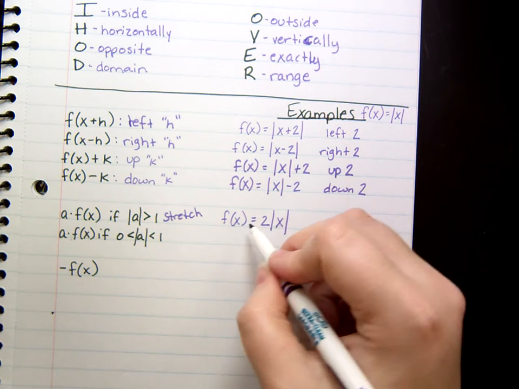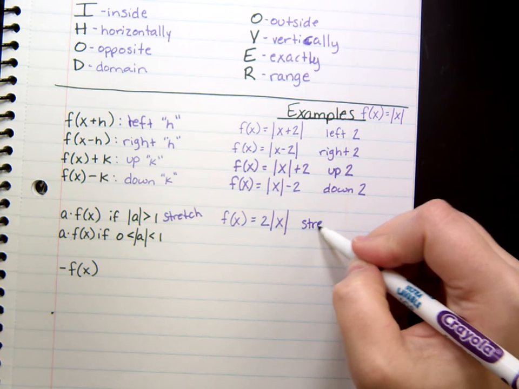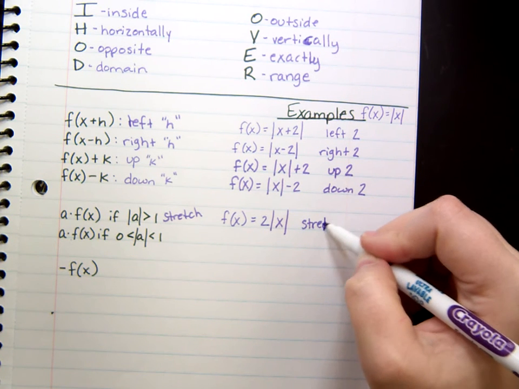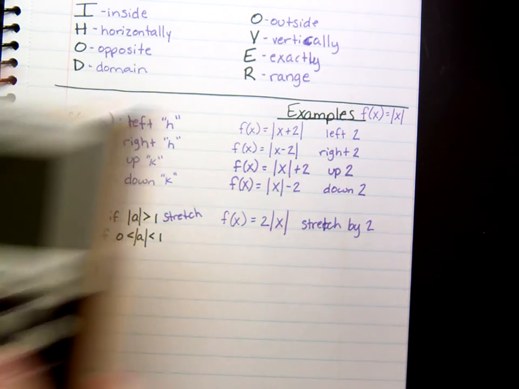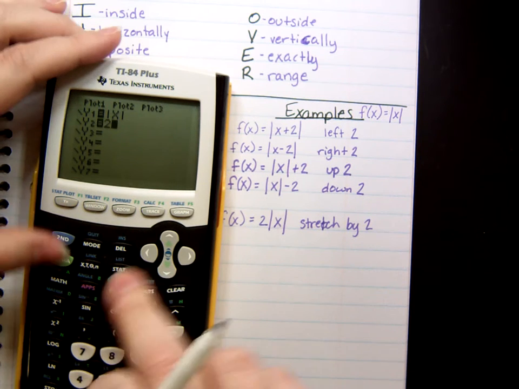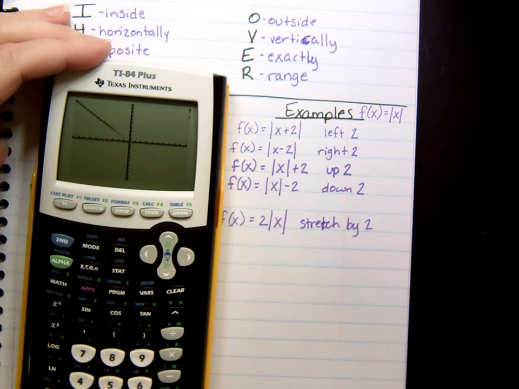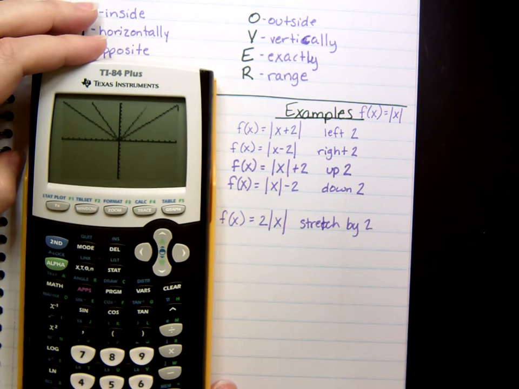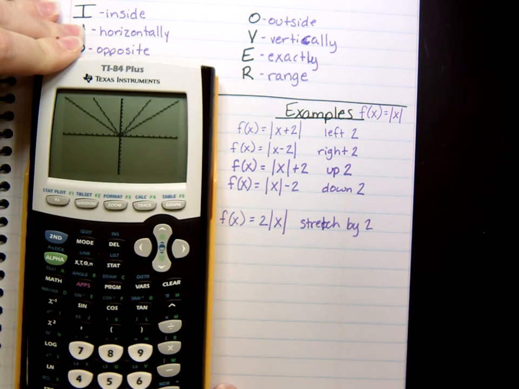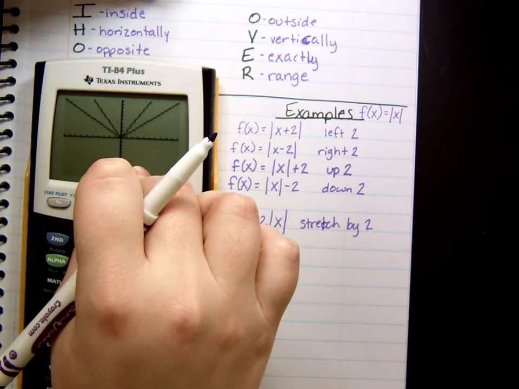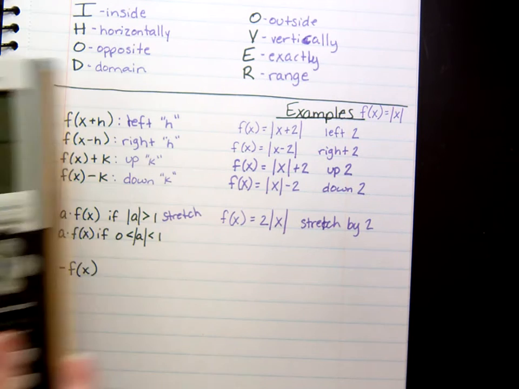So it's stretched vertically by a factor of 2, which if we were to graph this, we can see that the absolute value function is taller and skinnier. It's like they took the graph and then pulled it up. So that's why we call it a stretch.